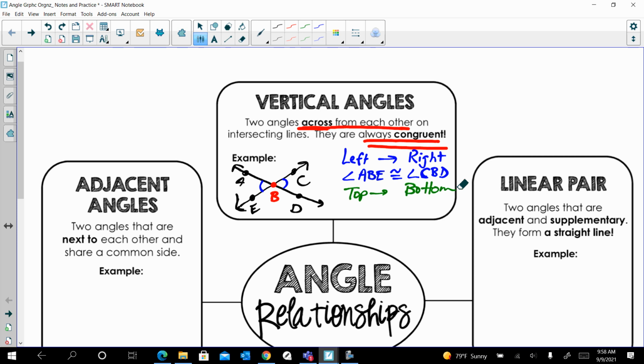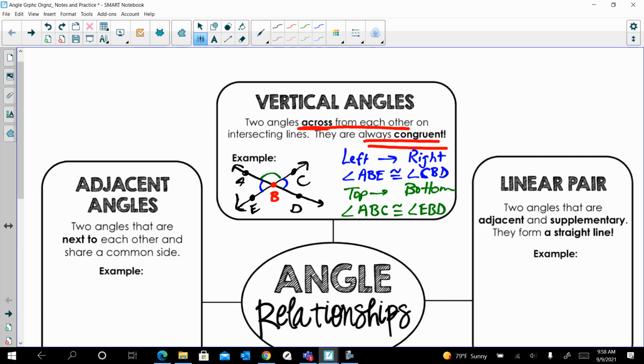No, ABD is the line right here. No, the ABs. Okay, so angle ABC is going to be congruent to which angle? EBD. Yeah, EBD.